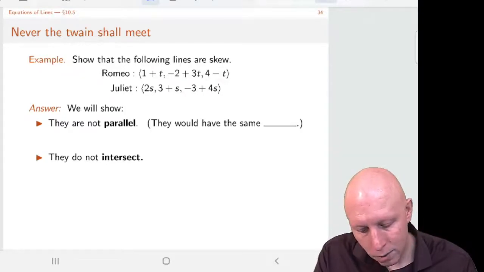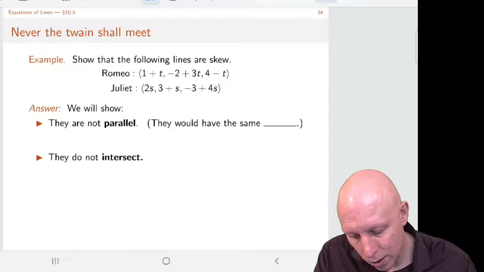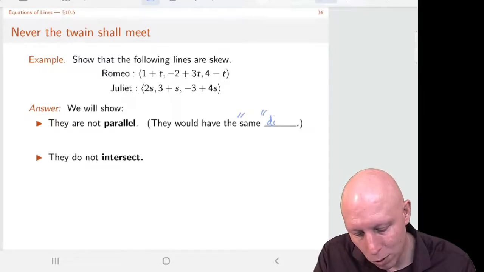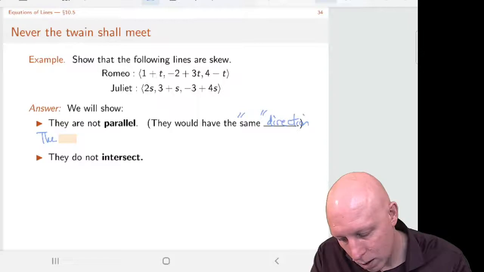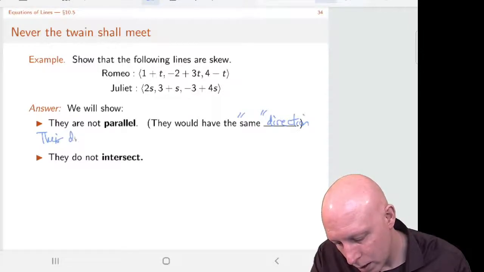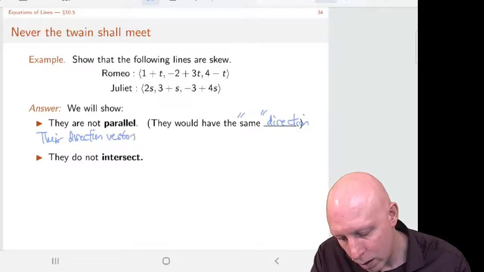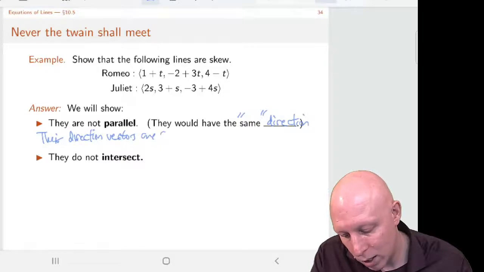So they would have the same direction, or in other words, their direction vectors are scalar multiples of each other.